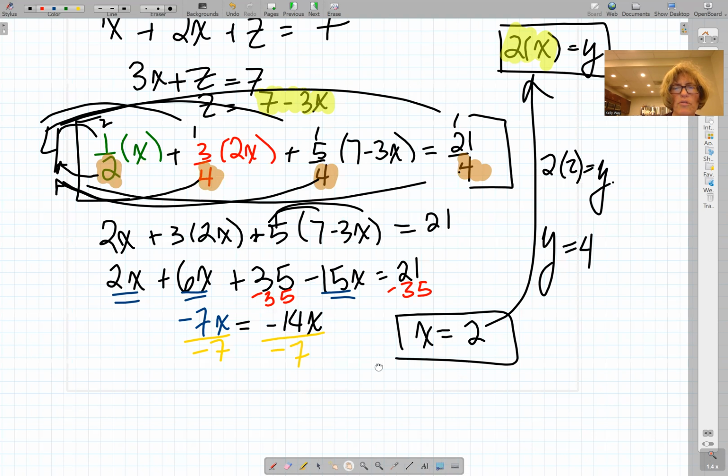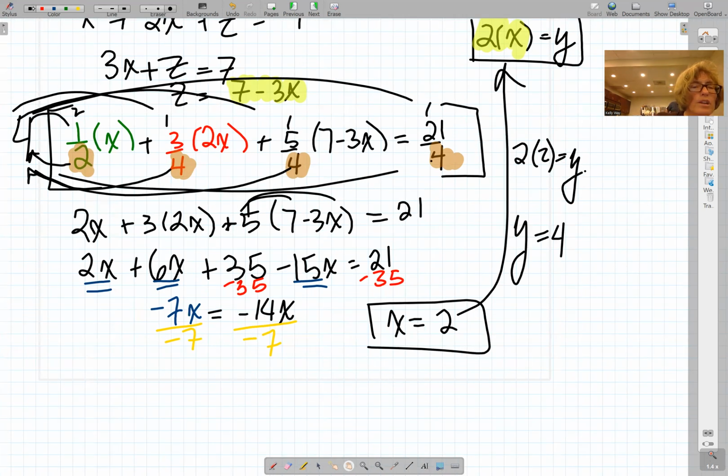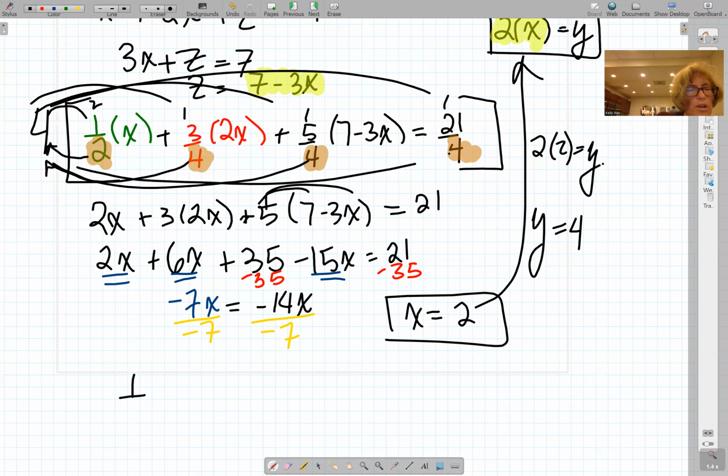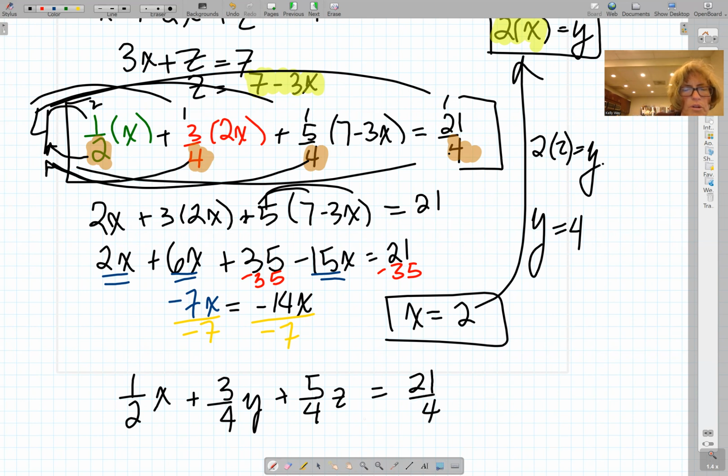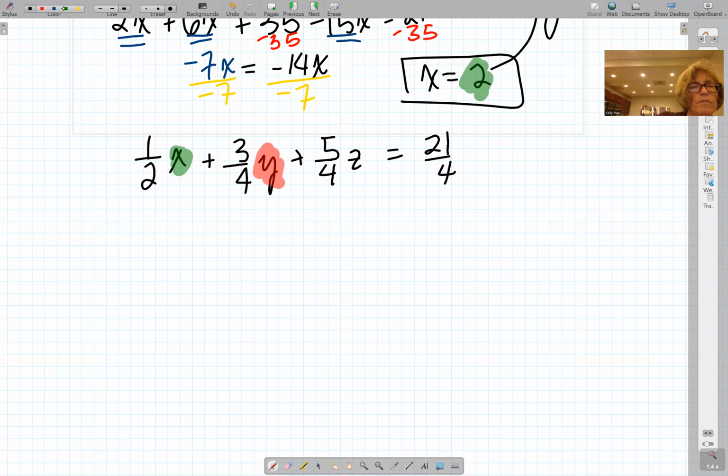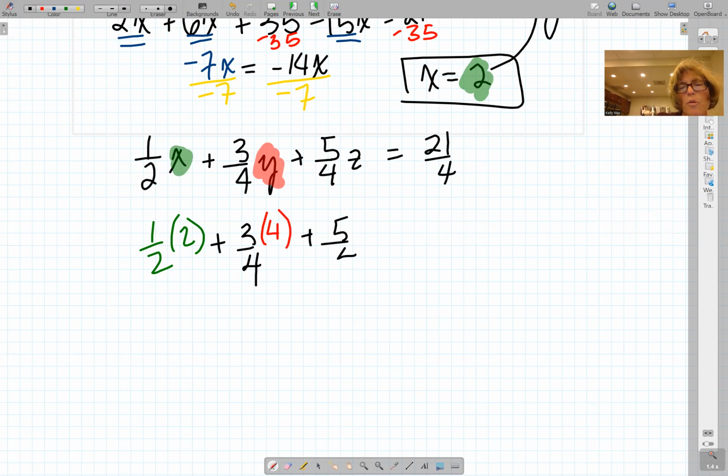And then I'm going to plug in those values of 2 and 4 into our original equation, which is 1/2 x plus 3/4 y plus 5/4 z equals 21/4. So we have 1/2 times 2 plus 3/4 times 4 plus 5/4 z equals 21/4.